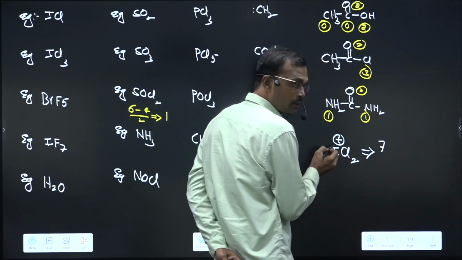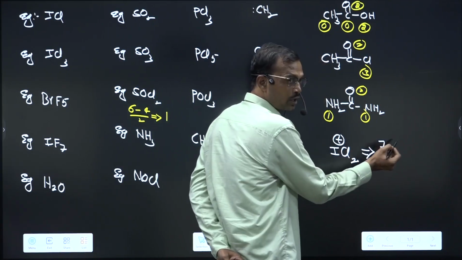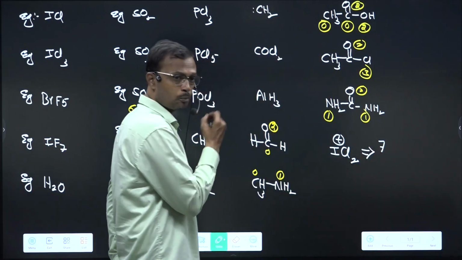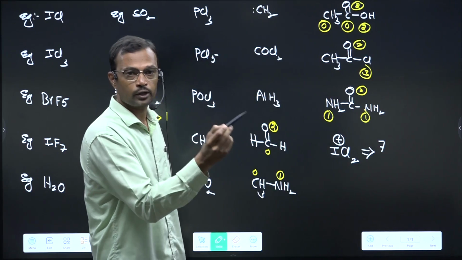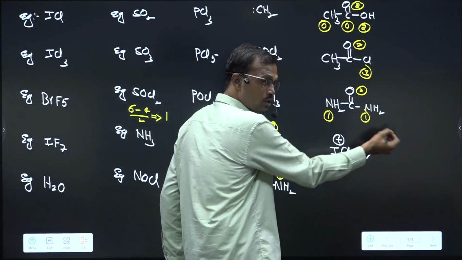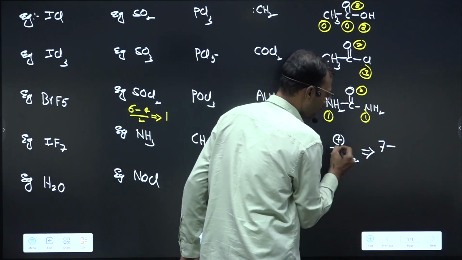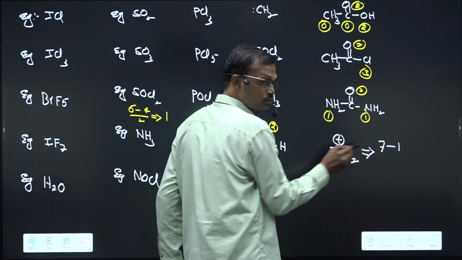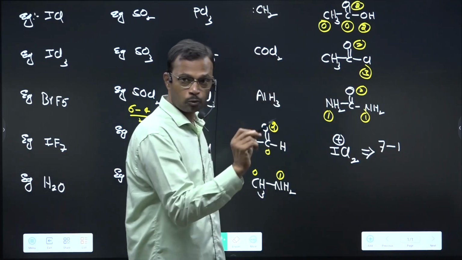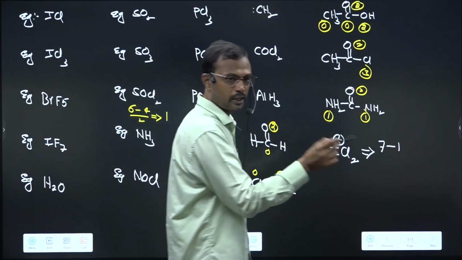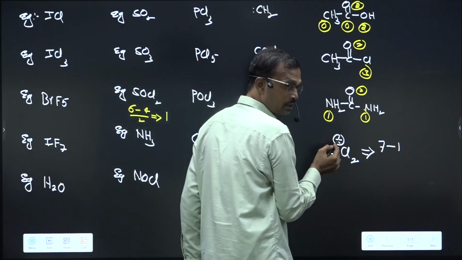What is the charge on iodine? Plus. It is the charge of the cation, minus 1. I gave that formula: group number minus charge of the cation. Plus 1 means we need to write minus 1. Don't ask why you are writing minus 1. Group number minus charge on cation, 1 only. Plus into minus, minus I have written.